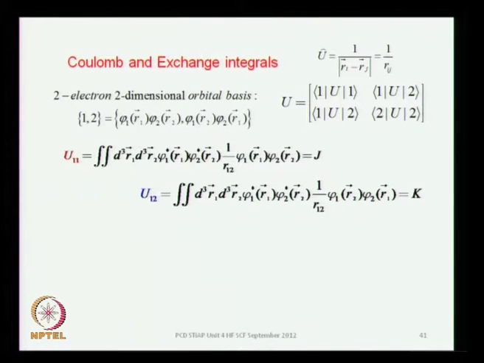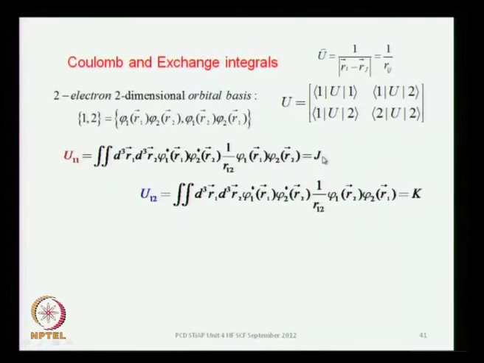So, this is actually an integration over 6 space variables. When I refer to this as a double integration, you have to remember that each is over a set of 3 coordinates. Okay. So, this is the matrix element u12, which you write as k, and this is usually referred to as the exchange integral. So, these are our definitions of the Coulomb integral and the exchange integral, and they will appear in the many electron formalism throughout.